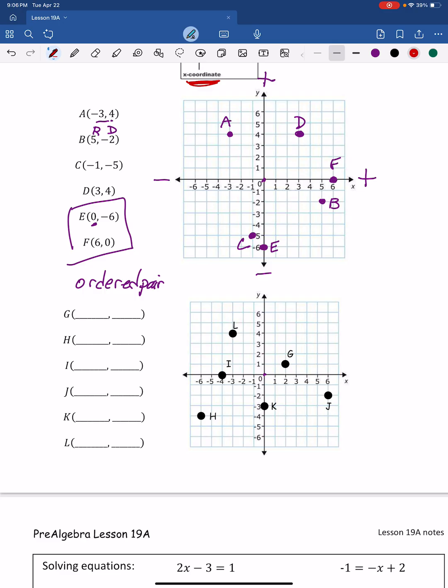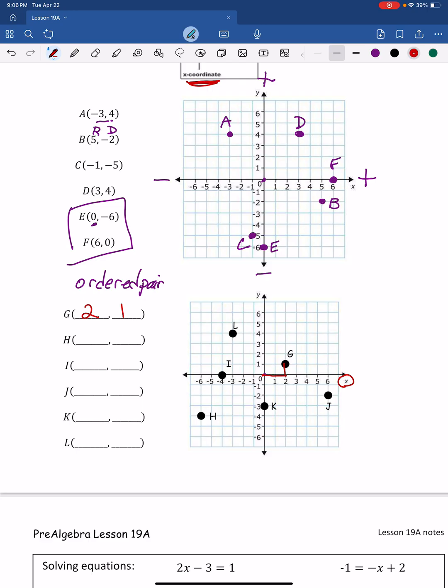If I start at 0, 0, to get to G, I have to move left and right first. I have to move the x-axis first. So I'm going to go over and then up to G. On the x-axis, I went positive 2, and then I went up positive 1. So my point would be at 2, 1.